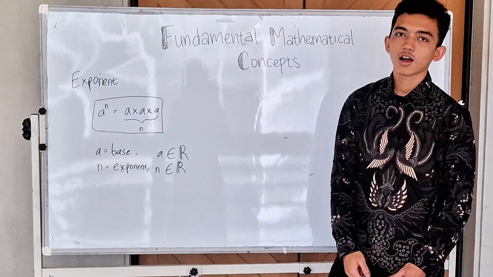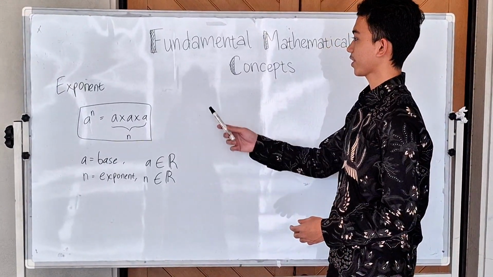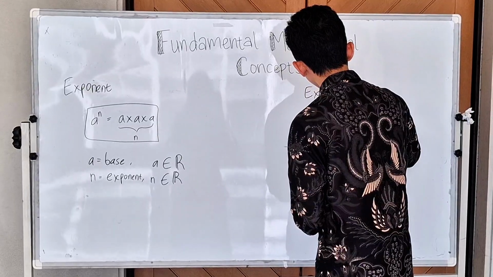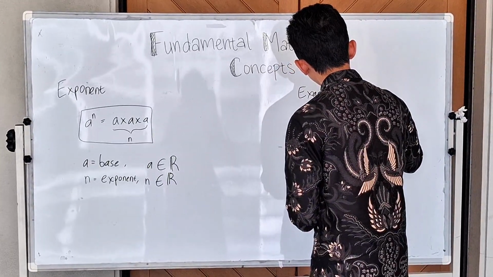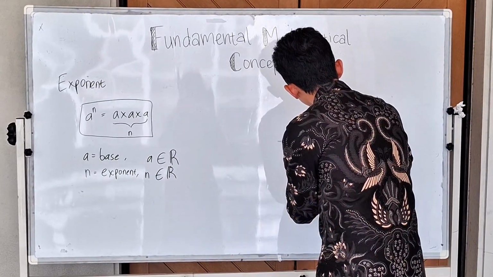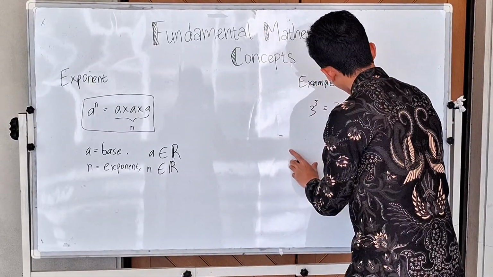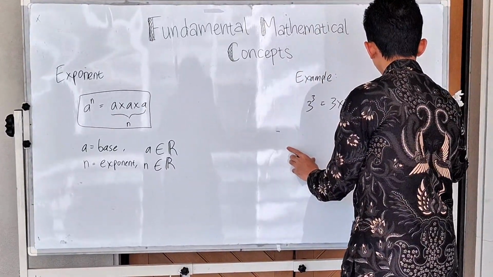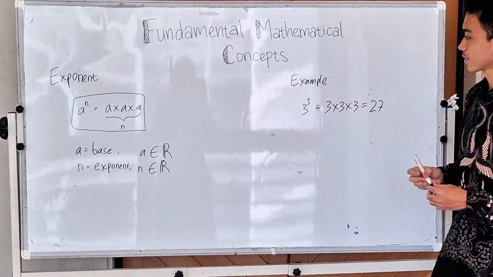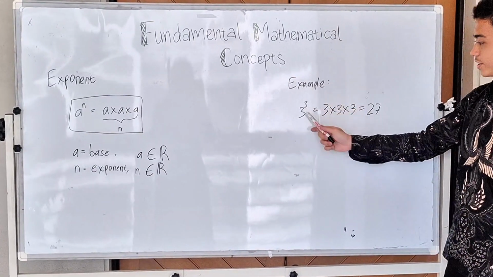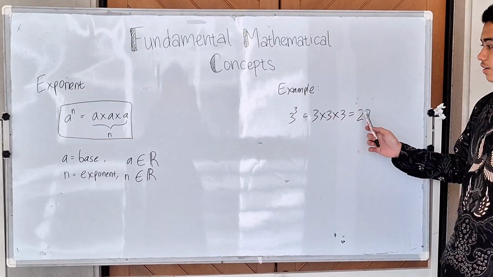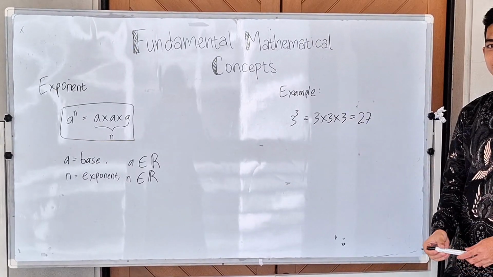I will show you an example of exponent. For example, 3 to the power 4 equals 3 times 3 times 3 times 3 equals 81.